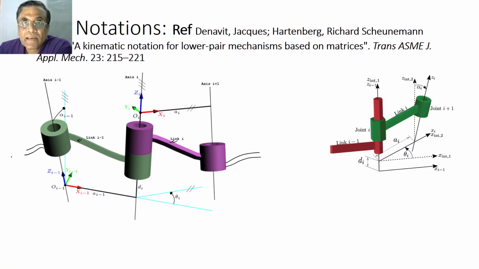Okay, and wherever you see the axis of rotation, the rule is you assign the z axis towards that. So you see, this is axis i, which is assigned to the link i. Okay, and you see for every link, at the left hand side I am attaching a coordinate frame.